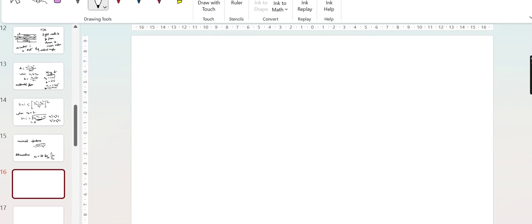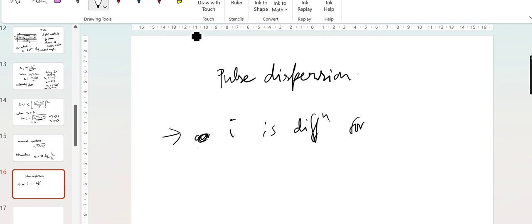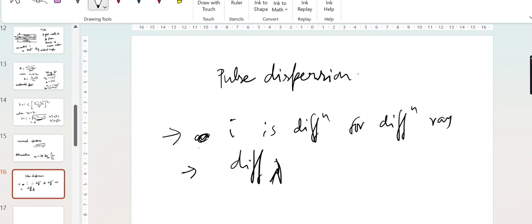Another problem is pulse dispersion. The main two reasons are that the angle I is different for different rays, and another is that the velocity is different for different wavelengths.